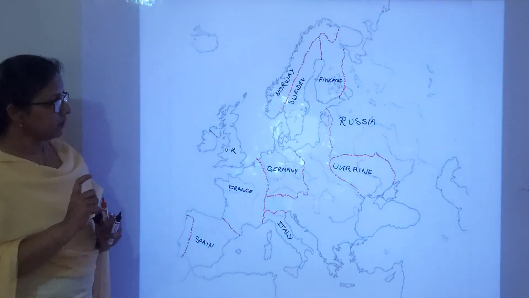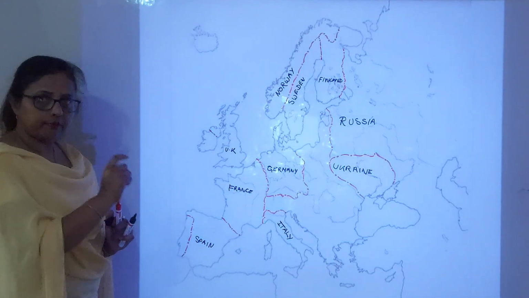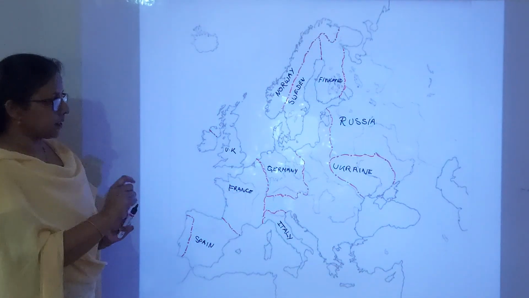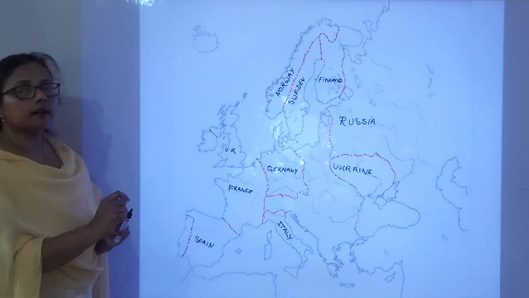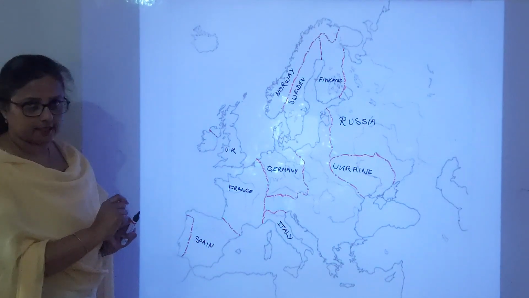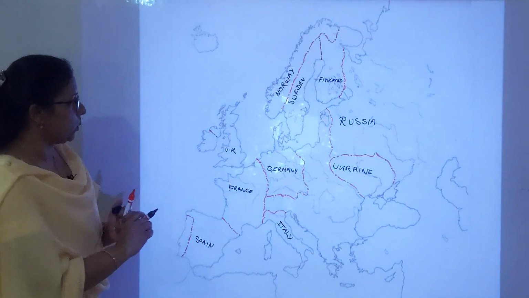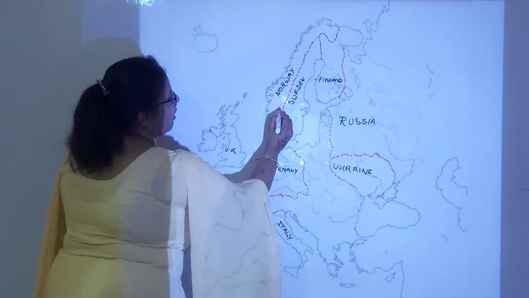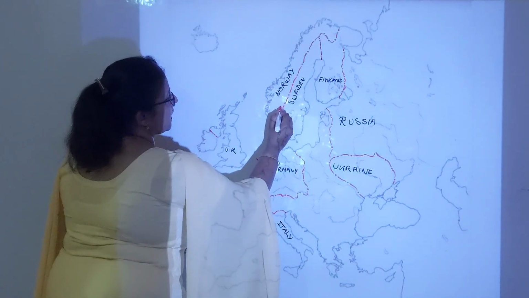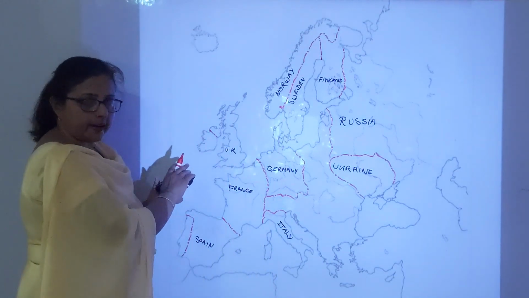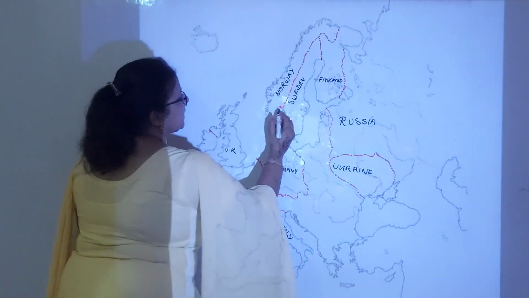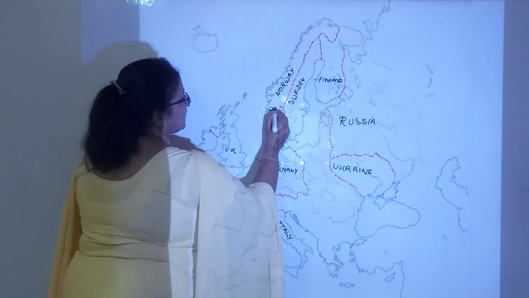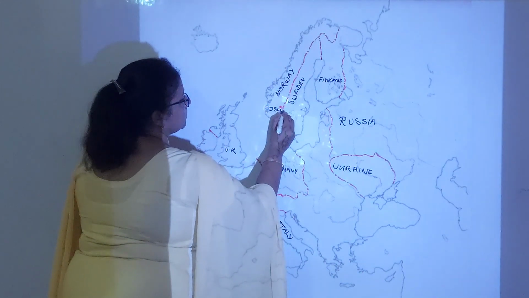Let us now move to the next part of the same map, that is the political map, and mark a few important cities. So here we go. Here we have the capital of Norway. First I am putting the red dot and writing the name of the capital, Oslo.